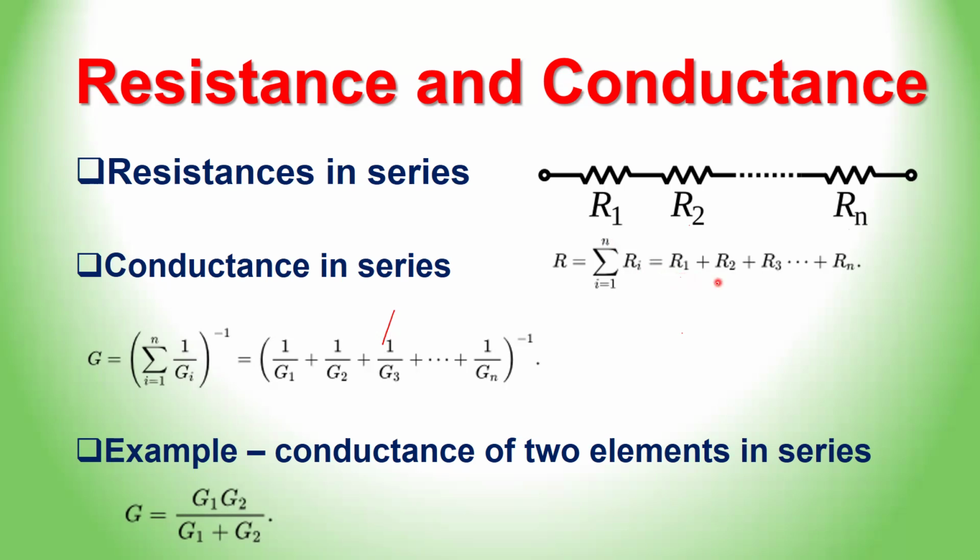That is then equal to R1 plus R2 plus R3 up to Rn. So there are n number of resistors.